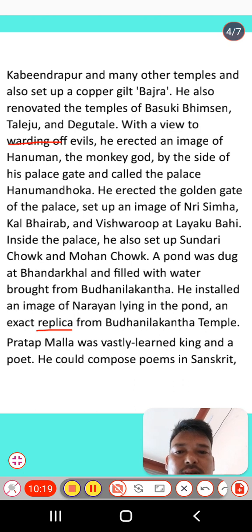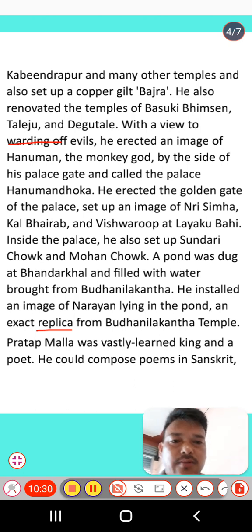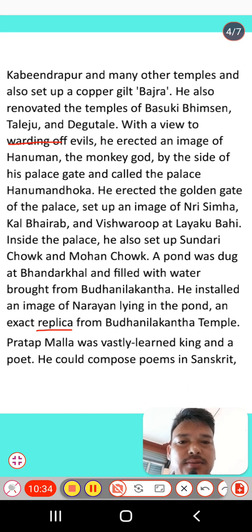A pond was dug at Bhadrakal inside the palace, given a name later, and filled with water brought from Buddha Nilkantha.